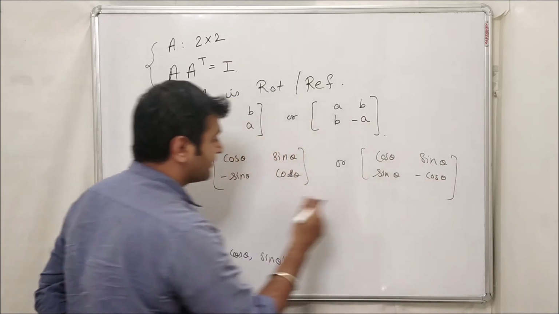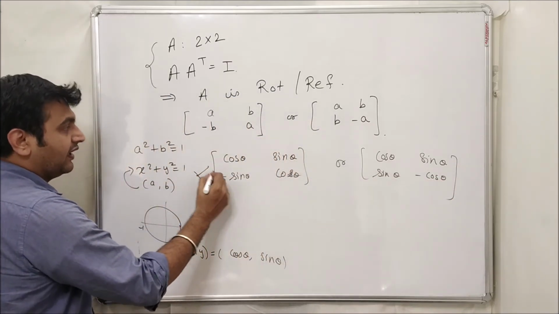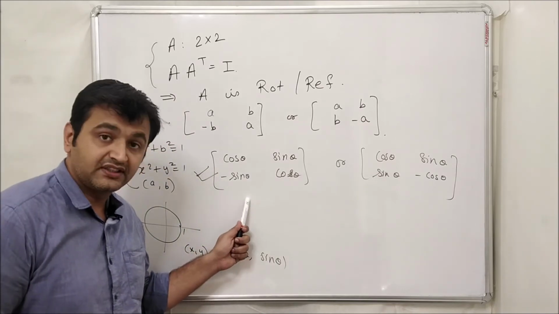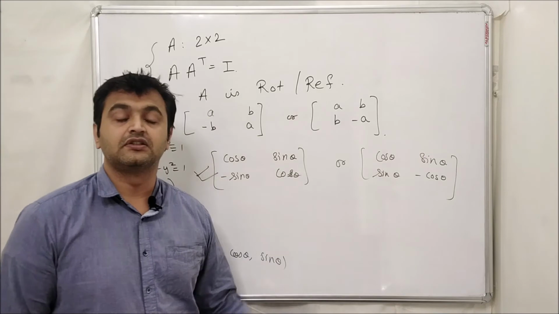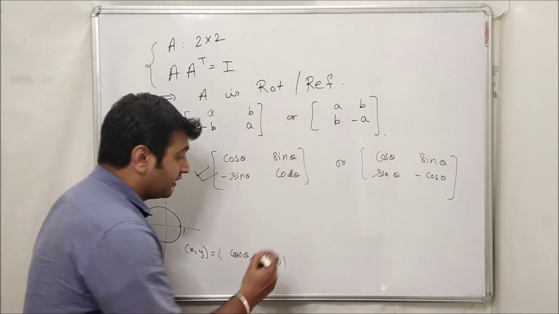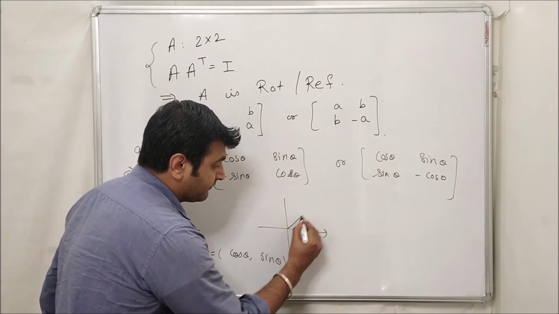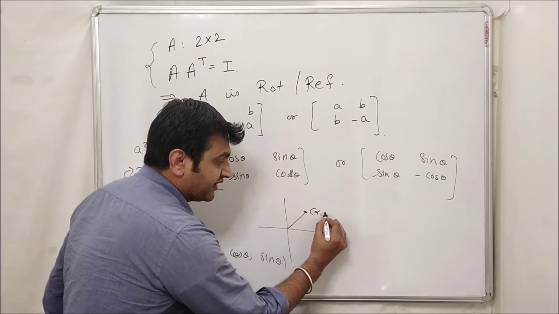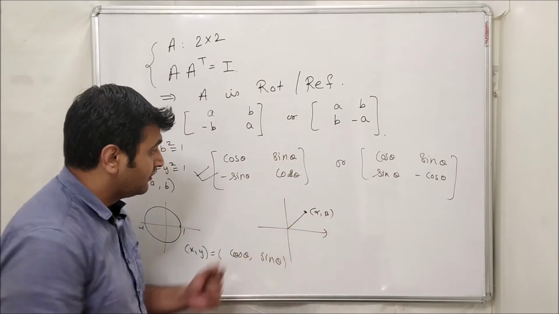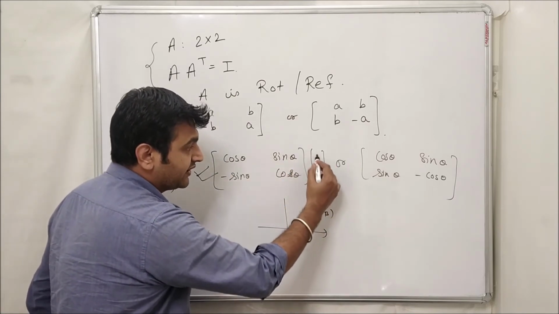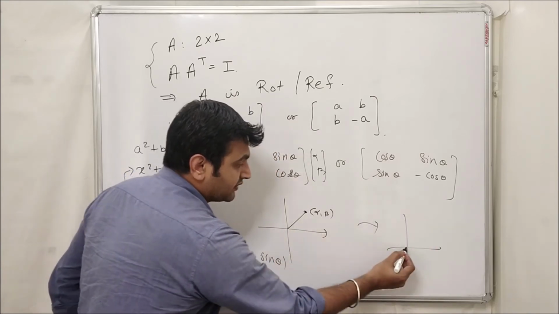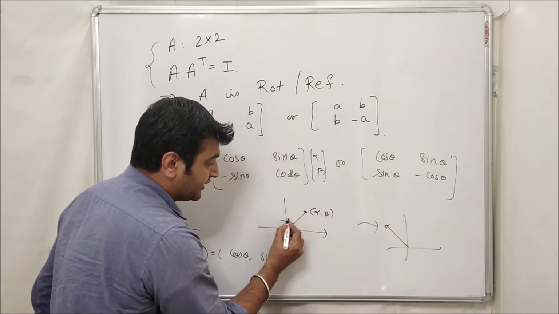So many times people prefer to write in this way as compared to this way. And this is called a rotation matrix and this is called a reflection matrix. Now why is this called a rotation matrix? Because if you are in a plane and you take some vector, say alpha comma beta, and you apply this matrix to this vector, your answer will rotate this vector by angle theta.